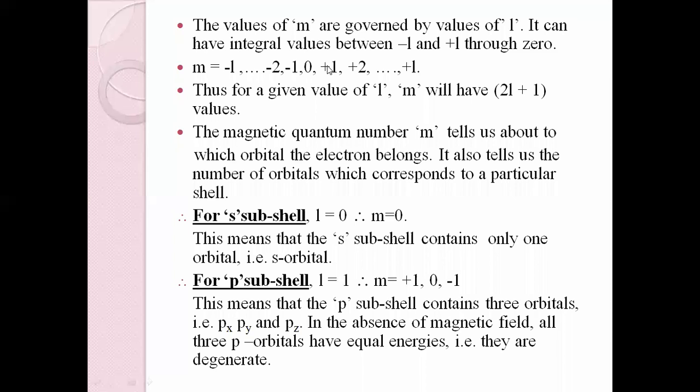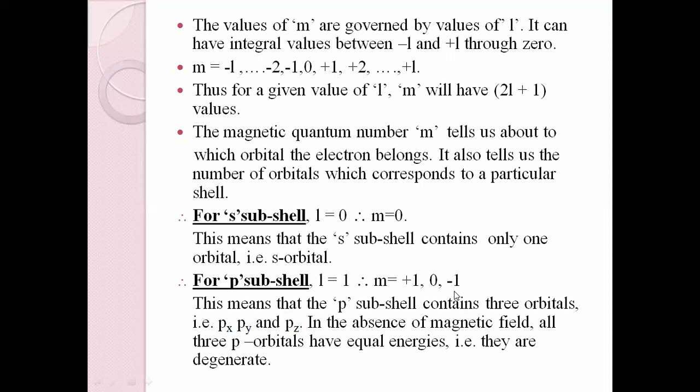I'll begin from the positive integer, plus 1, then 0, and then minus 1. So for the p subshell, l is equal to 1, and therefore m is equal to plus 1, 0, minus 1. These 3 values tell me that the p subshell has 3 p orbitals in it.